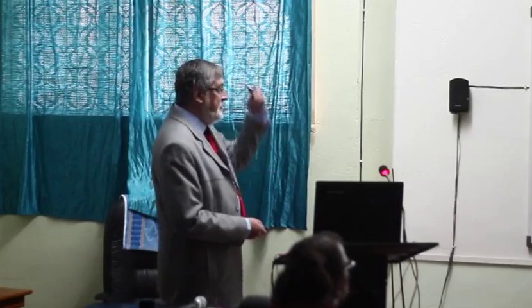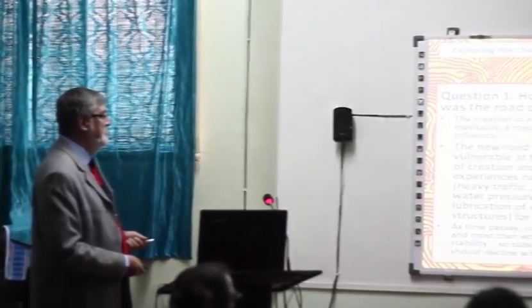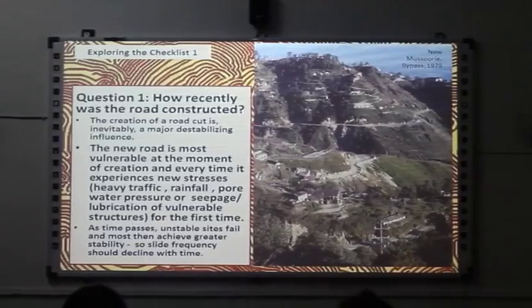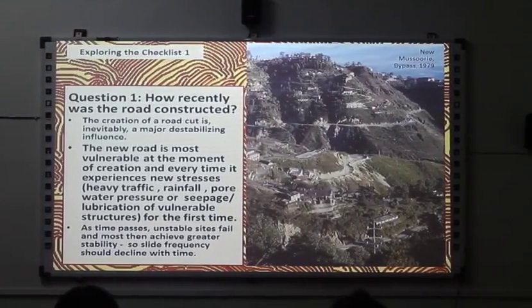The creation of the road cut then, let's look at these in some detail, is the most difficult situation for a road. The new road is most vulnerable at the moment of creation. My first study was on the Missouri bypass, and the first time the monsoon hit that, it completely closed it. You couldn't see most of the road depth of the day. At the moment of creation, you've got all the stresses created by the blasting.